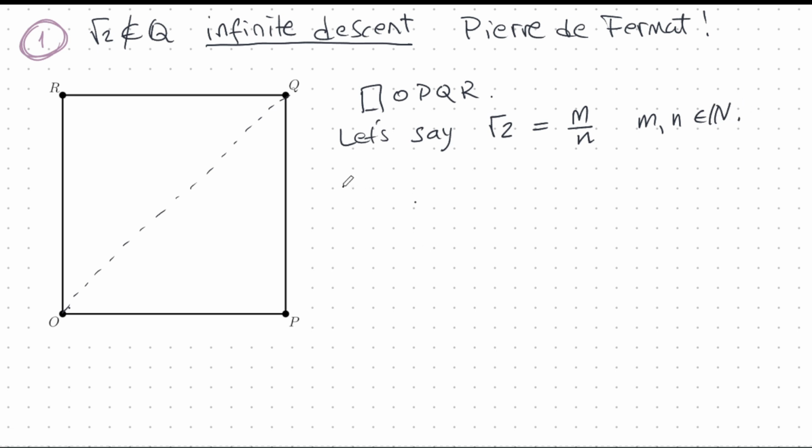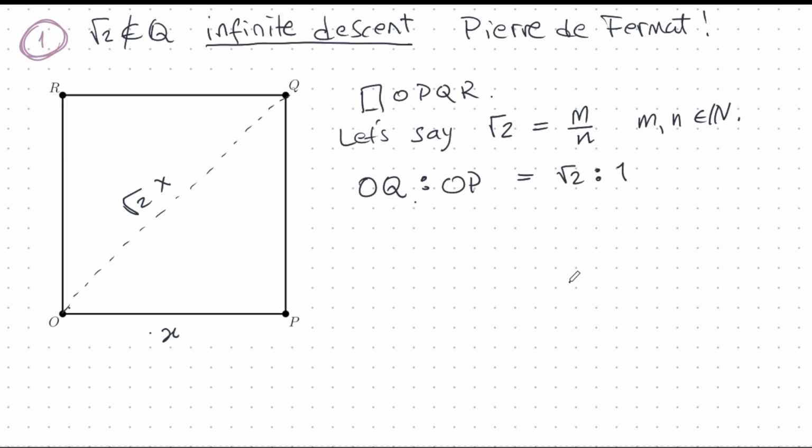Well, what we can write is this: OQ is proportional to OP. Now, you know how that goes. If this is one unit x, then this is root 2 times some unit x. So this proportionality is root 2 to 1.